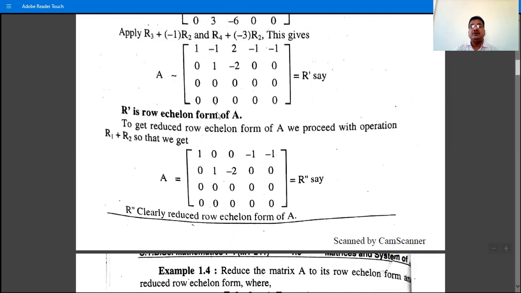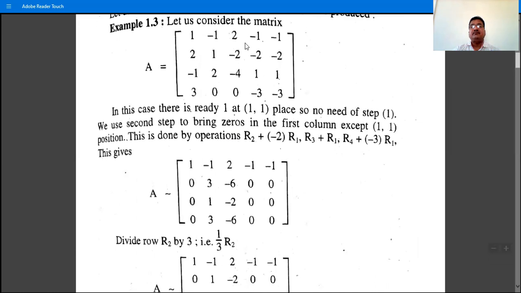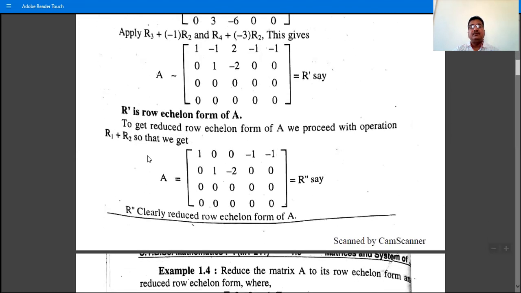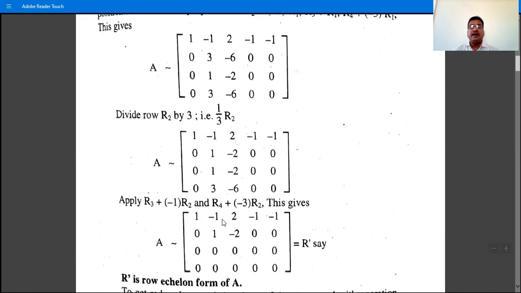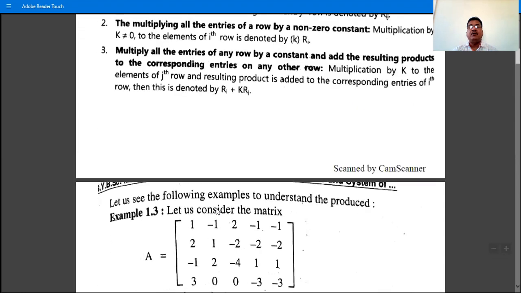Suppose this matrix A is to be reduced to echelon form. If you observe this row echelon form, this one is a leading one, this one is a leading one. So the first column and second column contain a leading one. Now we have to reduce the matrix to reduced row echelon form.